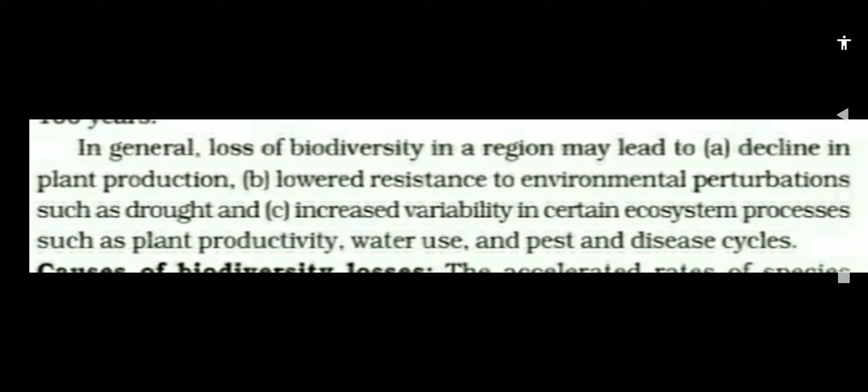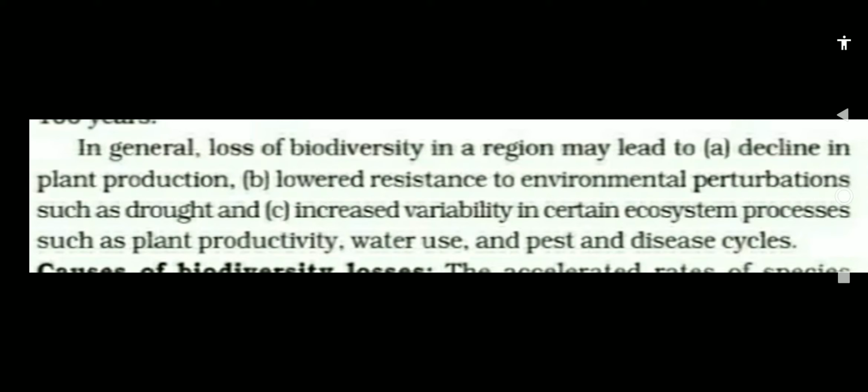Living species are resistant to abiotic factors. It may be drought, heat, rain, or flood. So due to the loss of biodiversity, the resistance of the species toward the environment decreases.